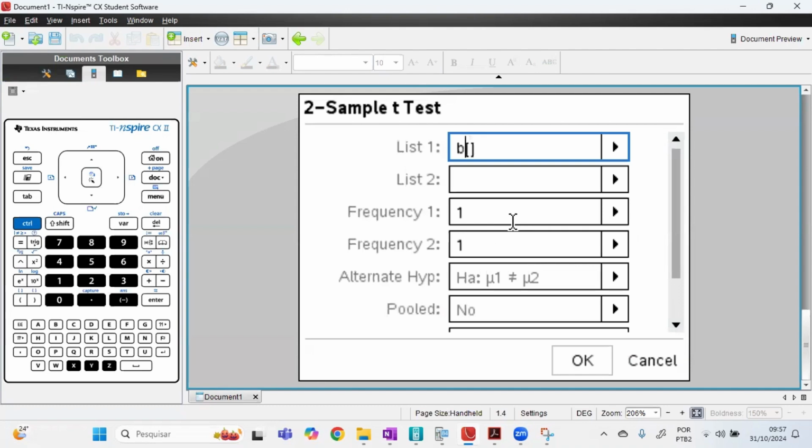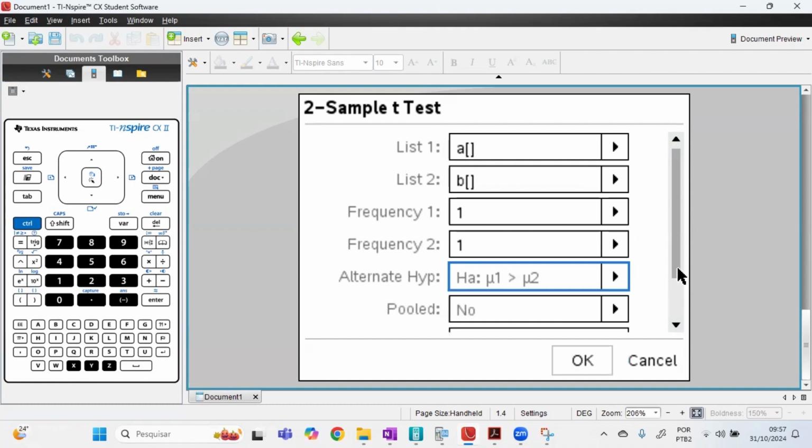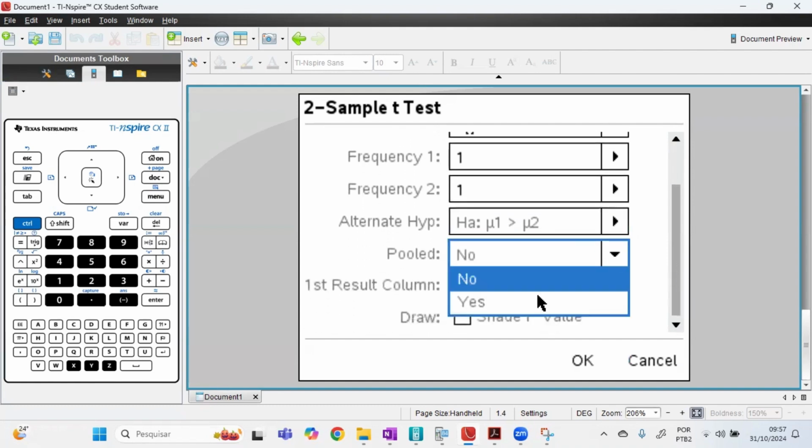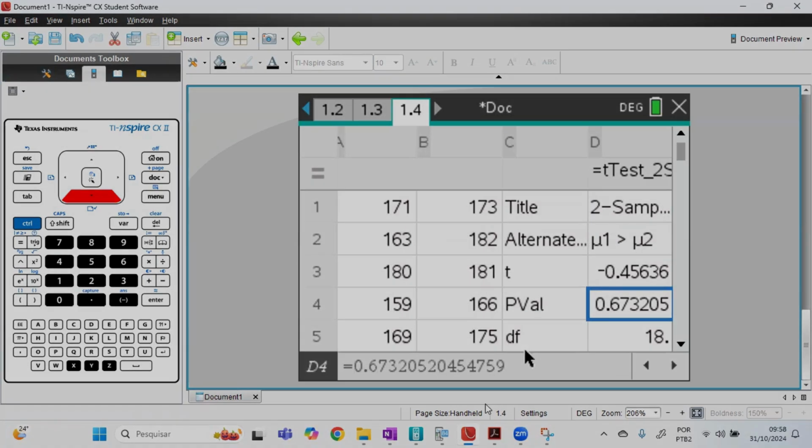Then list one is in column A, and here B. The alternative hypothesis is that the first mean is greater than the second. Pooled yes. And then we just select OK. So here it's the p-value 0.673.